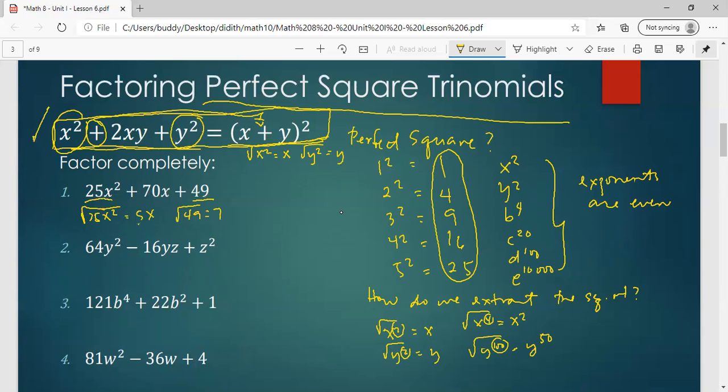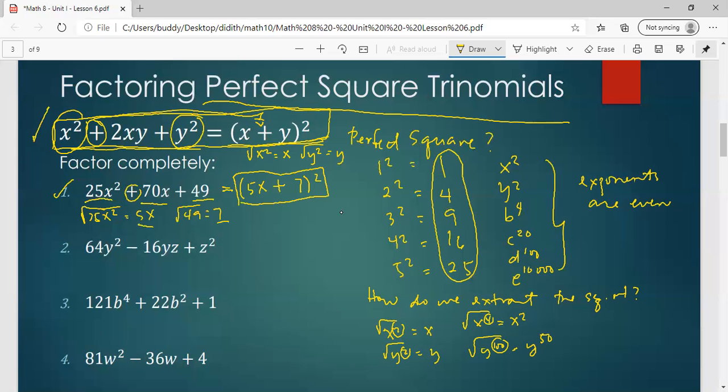Their product, 5x times 7 is 35x, times 2, leads us to the middle term. So this is a perfect square trinomial. So the factors will be the square root of the first term, 5x, plus, since this is plus, the square root of 49, 7, quantity squared. So these are the factors.